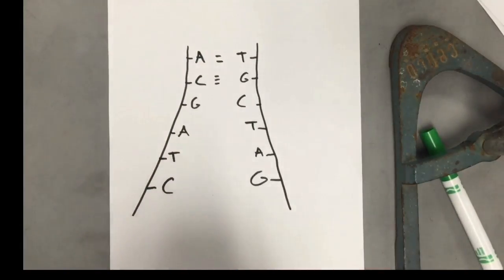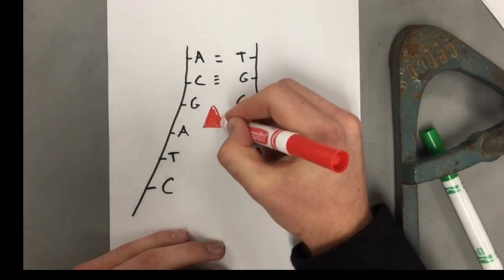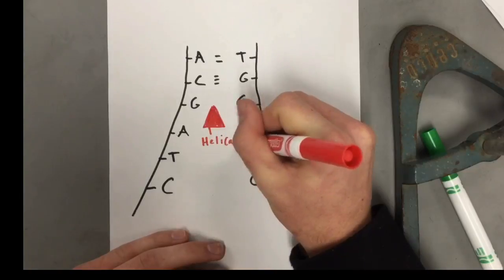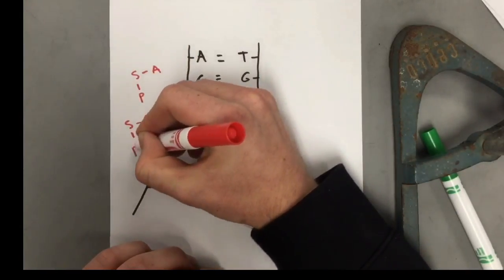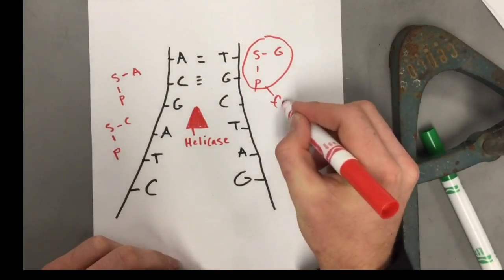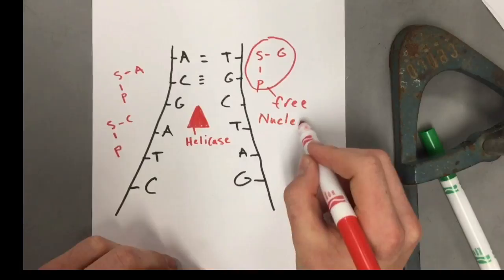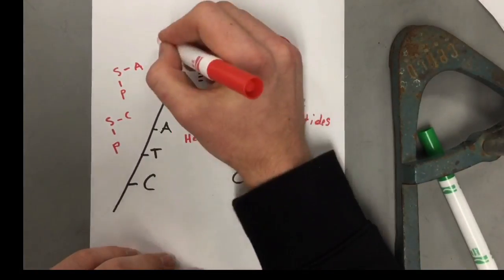As you can see, the helicase has started to break the hydrogen bonds. It is tearing it up from 3 to 5. To hold it apart, the SSB proteins will keep it apart so the DNA doesn't close. The proteins floating around are free nucleotides, and they will be collected to make DNA.